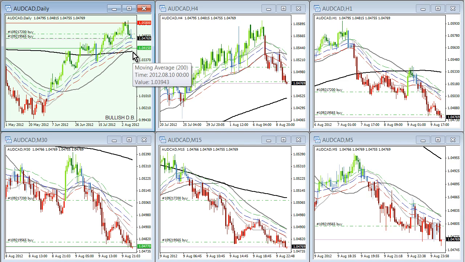So there are a number of very significant hurdles for bears if they want to drive prices to a low in which I feel the uptrend is broken and a trend reversal takes place. I don't think we're going to have a trend reversal until we get momentum basically below 1.0380.